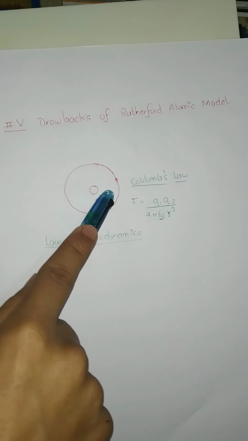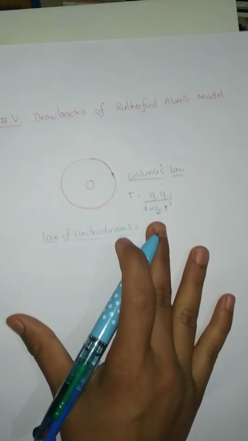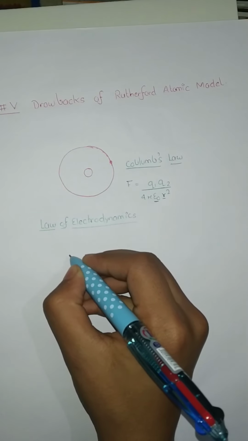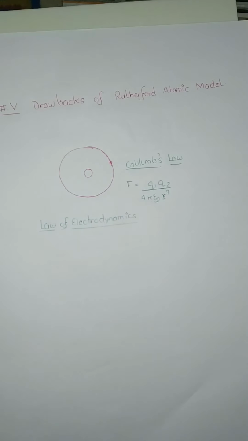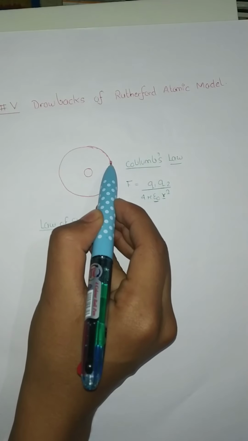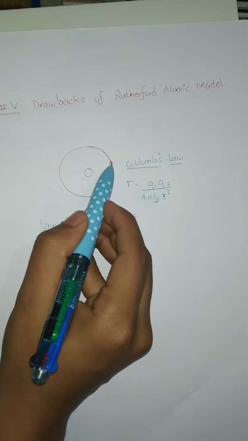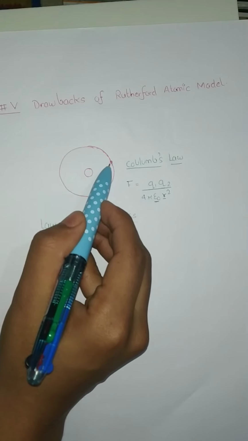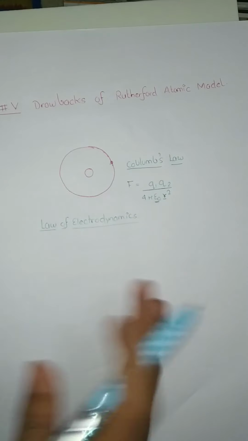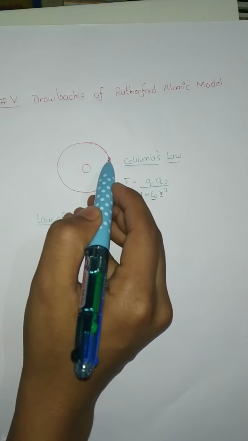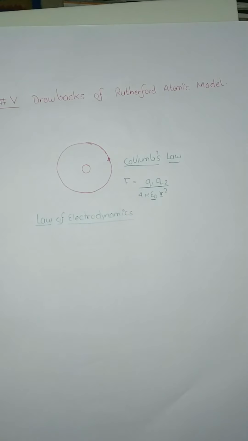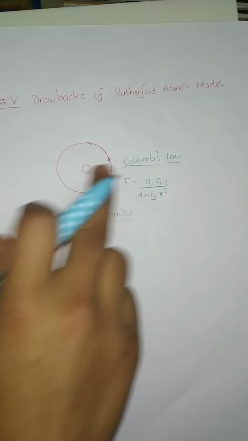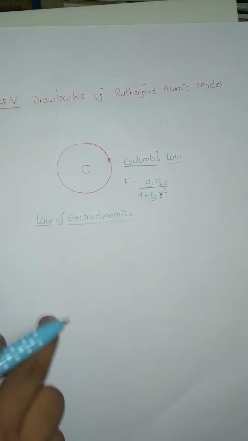And when it emits energy, we know that its velocity is related to kinetic energy, right? So when it emits energy, its kinetic energy will also decrease. It is obvious. When its velocity decreases, we know its radius is related to its velocity, so the radius will decrease.